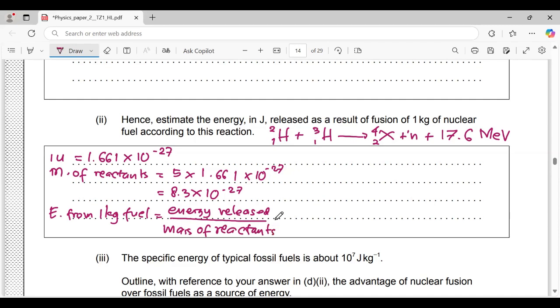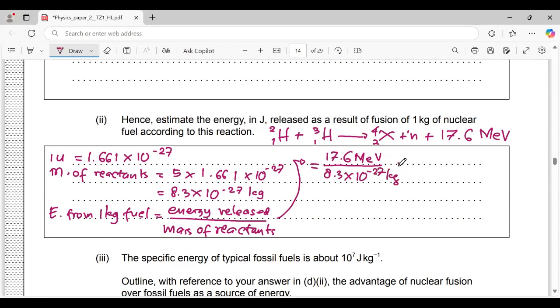So it becomes 17.6 million electron volts over the mass of reactants, 8.3 times 10 power minus 27 kg.